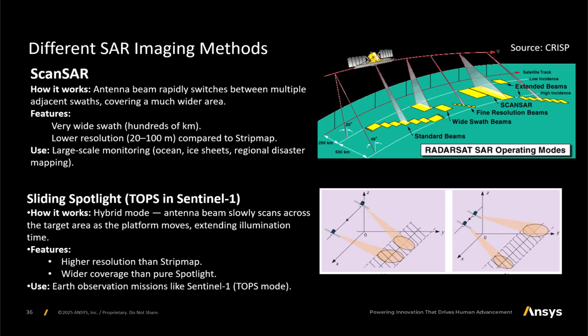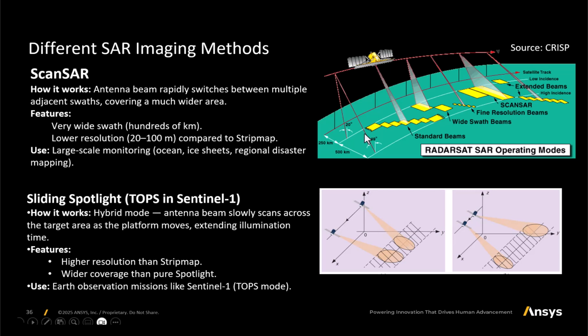There are a few more SAR imaging methods, which work similar to strip map SAR, where while going over the area, instead of looking at only one particular area, you can look at different areas of the terrain with each pulse and then create an image out of it. There are different techniques.